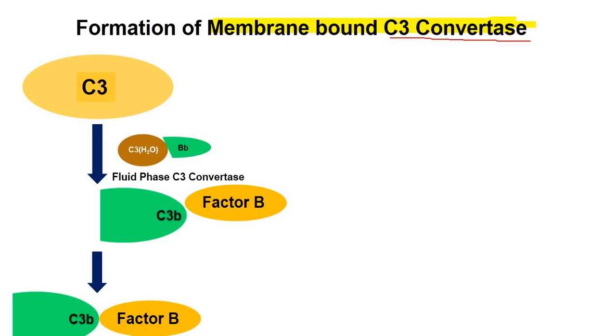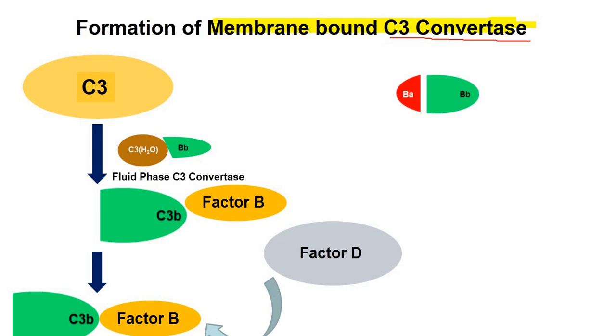Now, like the previous step, this factor B will be acted upon by factor D, and factor D will break factor B into two unequal fragments: Ba, the smaller fragment, and Bb, the larger fragment.